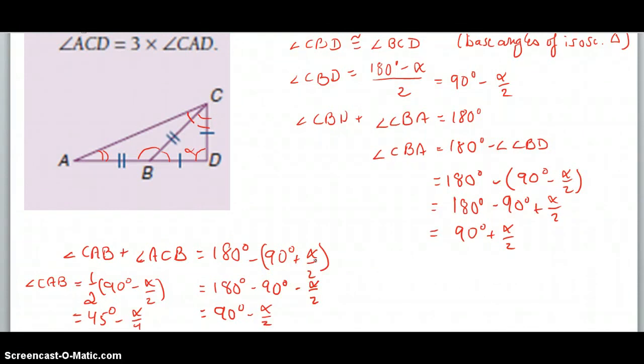The angle BCD is the same as CBD. I've got CBD, that's here. So the big angle at C equals angle CBD plus that smaller angle ACB.